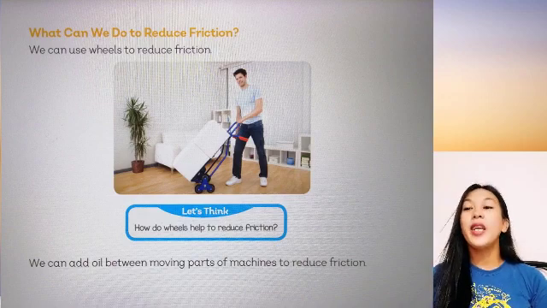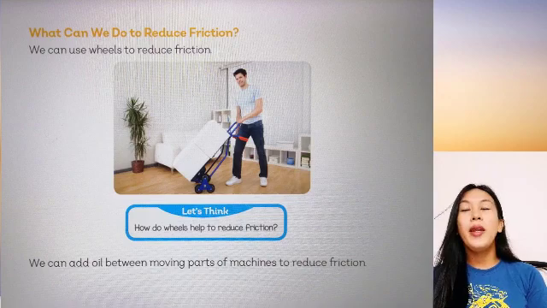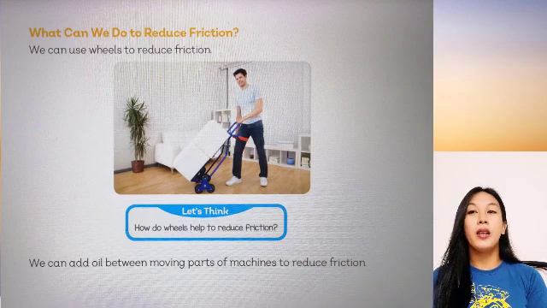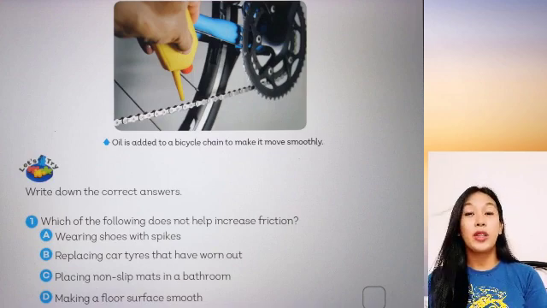oil. We can add oil between moving parts of a machine to reduce friction. It is called lubrication. When you have a bike, you put oil into the chain of your bike for it to move smoothly.